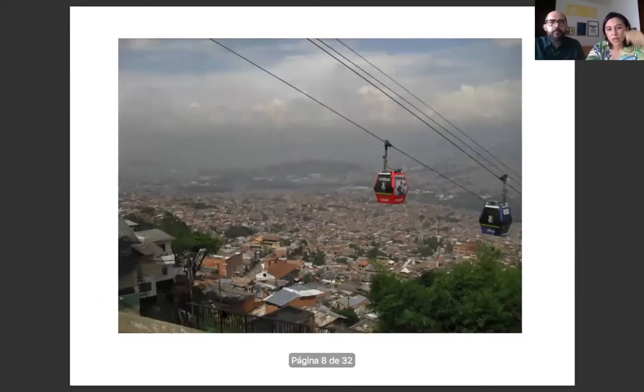These are images from Medellin, from this neighborhood. The history of Santo Domingo is that of a self-constructed neighborhood, very important in the history of the city, because it's an example of grassroots self-organization and self-construction.